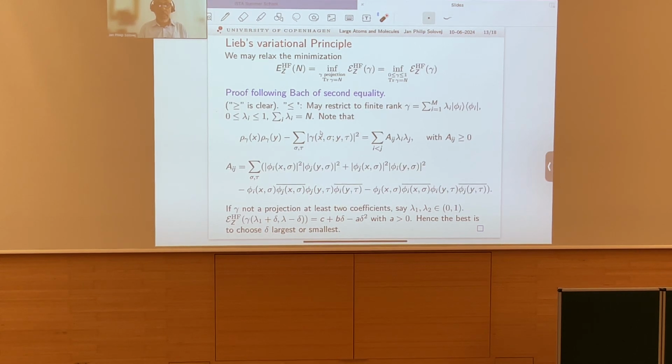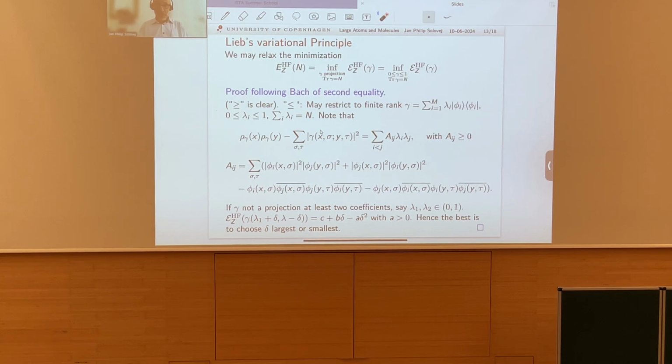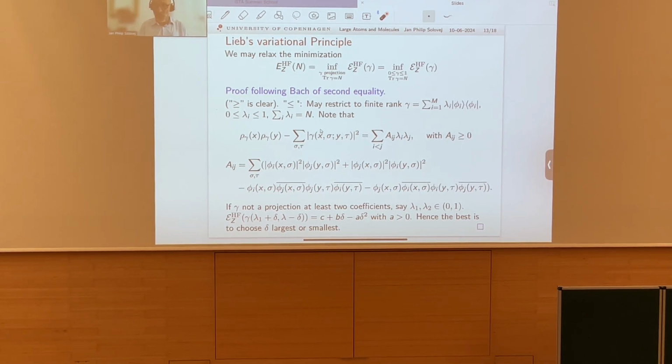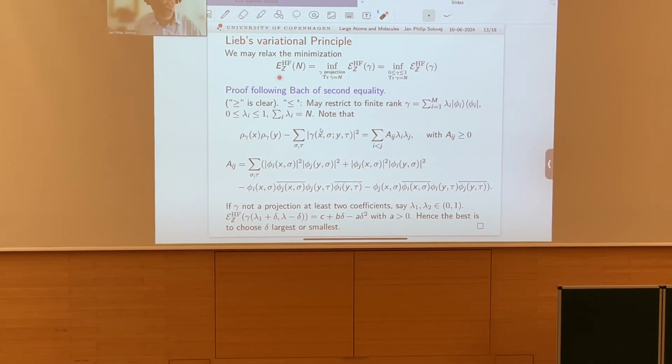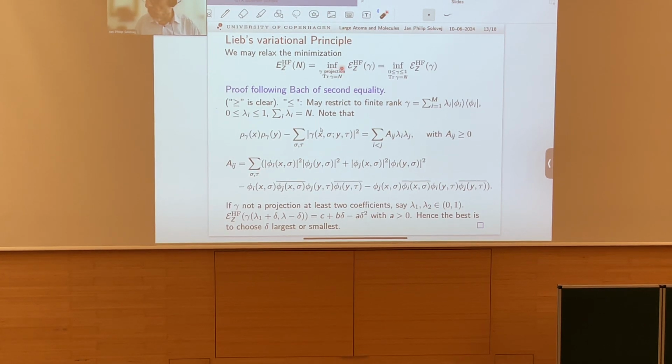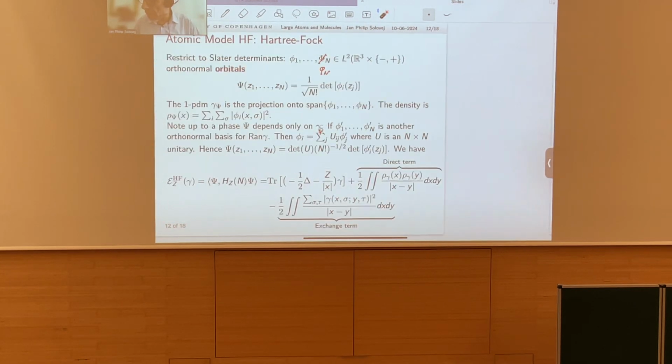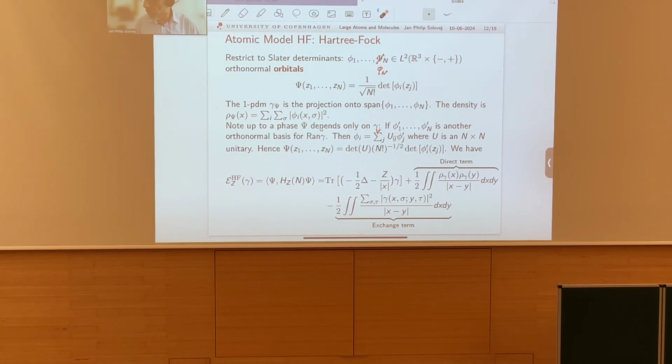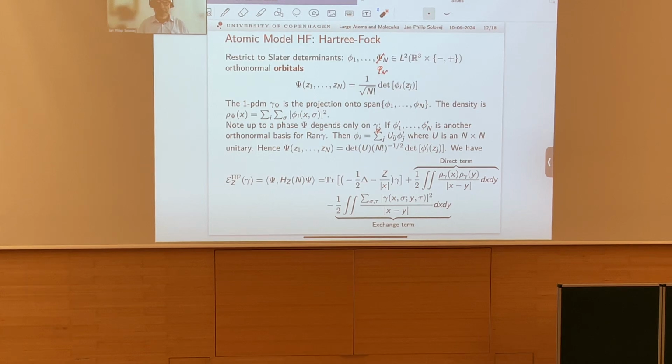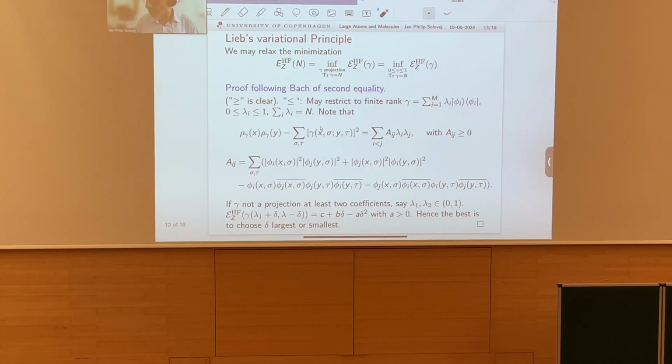Let me, however, describe something called the Lieb's variational principle, which makes Hartree-Fock theory a little easier to work with, because I want to define, just as it did in the quantum case, the Hartree-Fock energy by minimizing over all the gammas. And remember, gamma was a projection onto the span of the phi 1 up to the phi n.